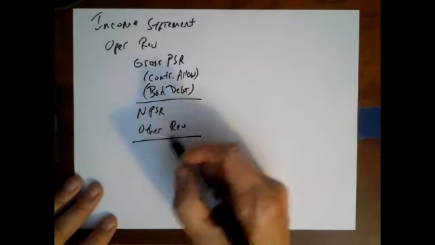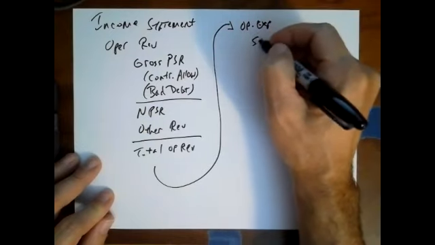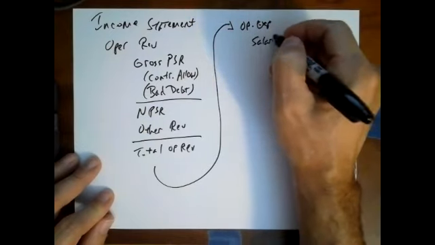So I'm going to, this would be one long column. I'm going to swing it around here. We have operating expenses. Those are going to be things like salaries and benefits, right? Supplies, interest expense.